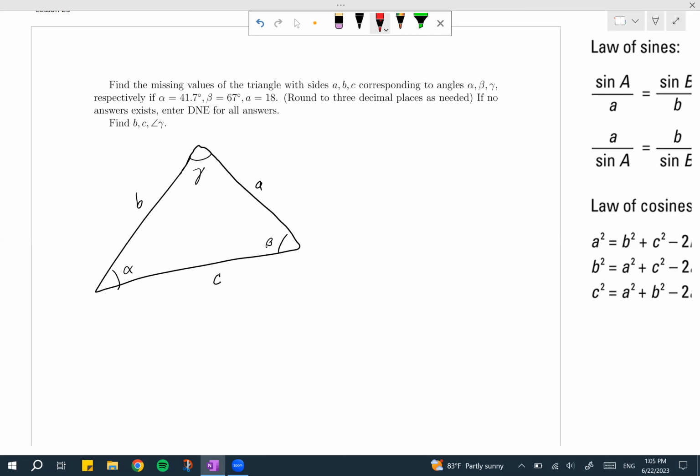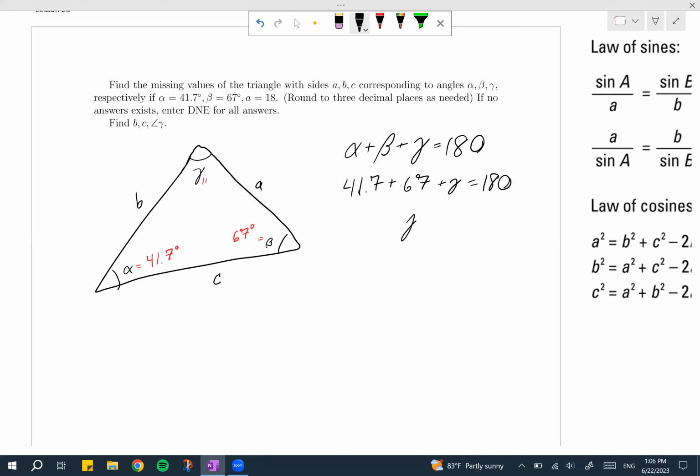They told me alpha is 41.7 degrees. They told me beta is 67 degrees. I can find gamma quite easily because I know that all of the angles of a triangle add up to 180. So alpha plus beta plus gamma is equal to 180. That means 41.7 plus 67 plus gamma equals 180.